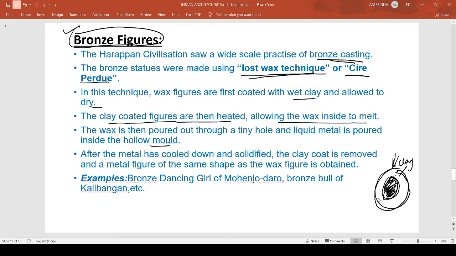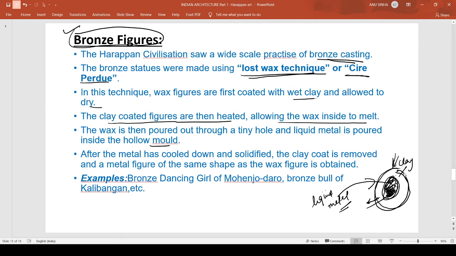Now I pour this wax out through a little hole, and then I will pour liquid metal into this hole. After the metal has cooled down and solidified, the clay coat is removed and a metal figure of the same shape as the wax is obtained. So now the liquid metal is poured. I will leave it for some time, and the liquid metal will solidify.